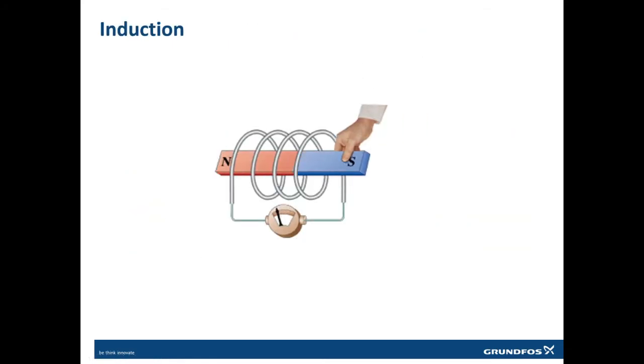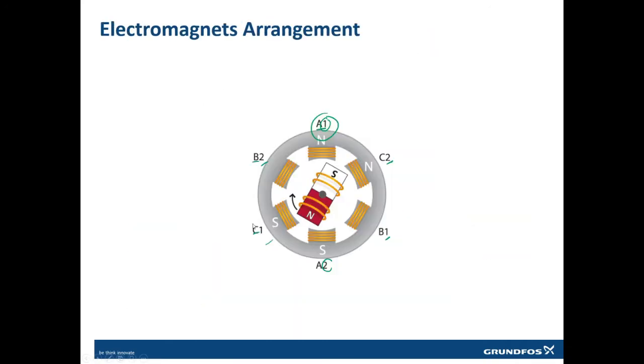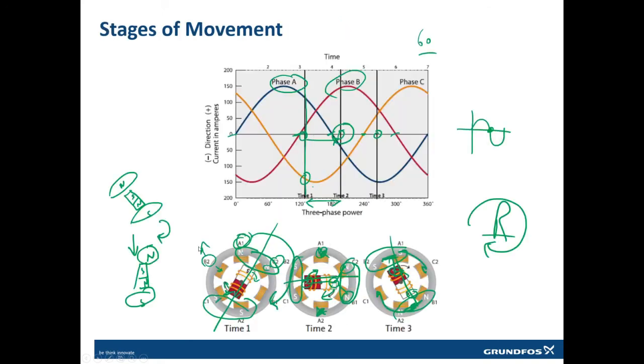The concept of induction is that if you take a real magnet and run it across the cable, it will generate current through it, and this generated current will again create its own magnet. So what you are doing in the motors, rather than having this permanent magnet, is using the rotation of these magnets. Remember I talked that these magnets are rotating, or this north and south is rotating.